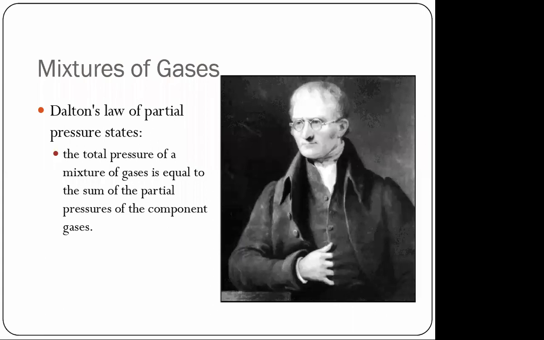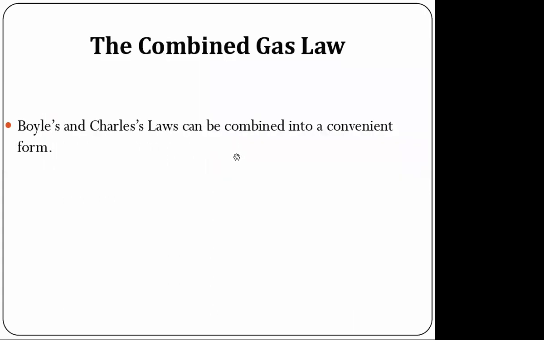So if you have 4 gases in a mixture, the total pressure exerted by those 4 gases is the sum of the partial pressure of each of the gases that make up the mixture. That is provided that it's a mixture that is not reacting, provided that there is no reaction between the particles.